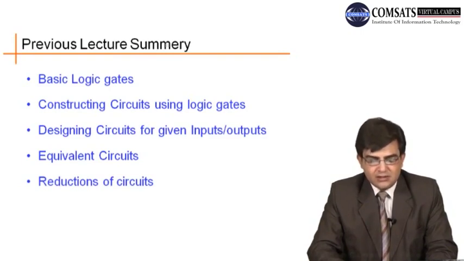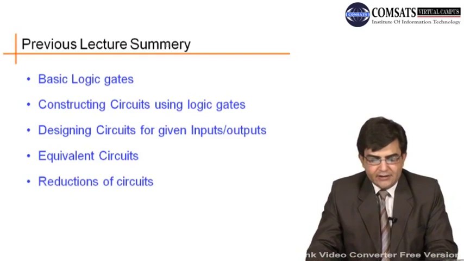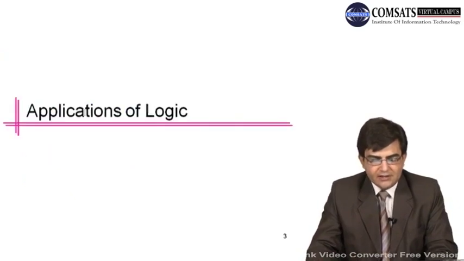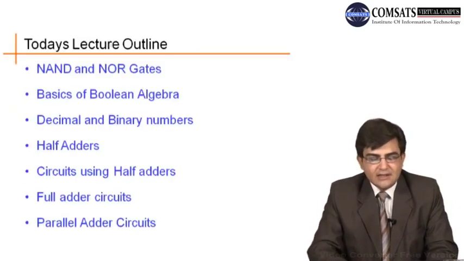Today we shall also start with the reduction of circuits, as in the previous lecture we haven't discussed it much, and also in today's lecture we shall discuss NAND and NOR gates. We shall also discuss Boolean algebra, decimal and binary representation of numbers, and how to add these numbers.